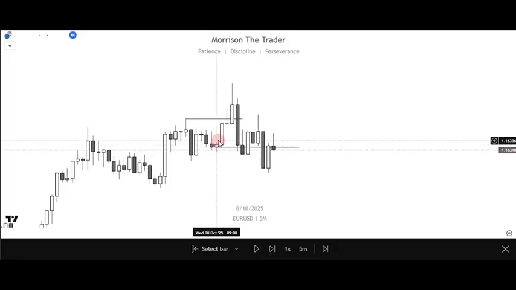So this is a bullish candle, this is a bullish candle, this is a bullish candle, this is a bullish candle. They went above this specific high right here, and then the market closed below the opening of the first bullish candle that started that run above this liquidity.